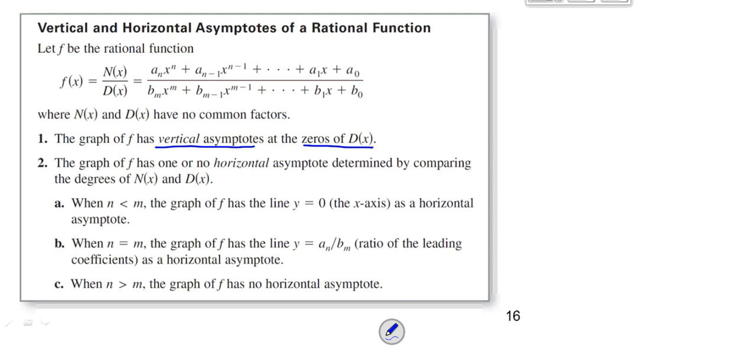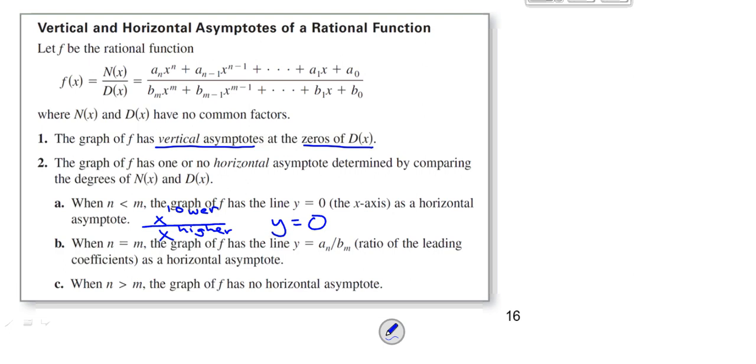Number 2 is the graph has one or no horizontal asymptote, determined by comparing the degrees of the polynomials. When n is less than m, then y equals 0 is a horizontal asymptote. The way that I like to say that is if it's x to the lower power over x to a higher power, then y equals 0 is the asymptote for that one.